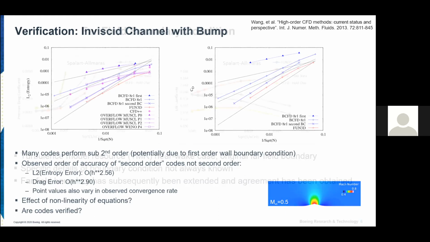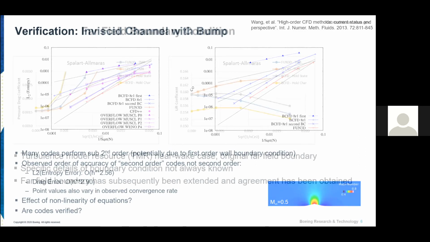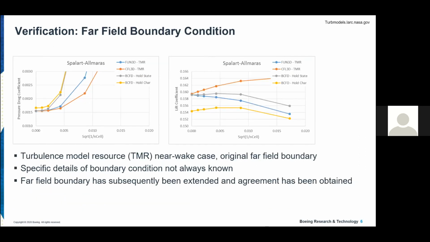Another example is also looking at boundary conditions. It comes from the turbulence modeling resource, and this specifically goes back to a case referred to as the near wake case that was used for a verification study for the third high lift prediction workshop.